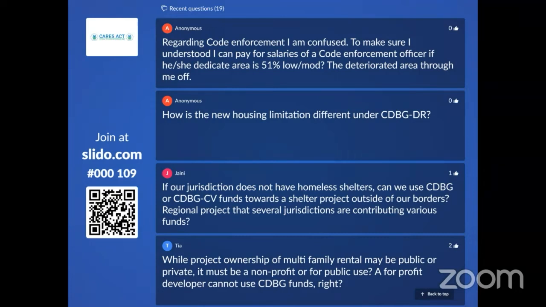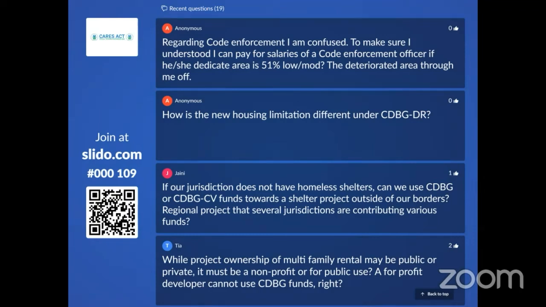All right, okay. This area does cause a lot of confusion. You can only pay for the salary of a code enforcement officer. It's not that the area is 51% LMI. The area has to be deteriorated or deteriorating in accordance with state or local law. It has to meet that definition to be eligible for CDBG-assisted code enforcement.